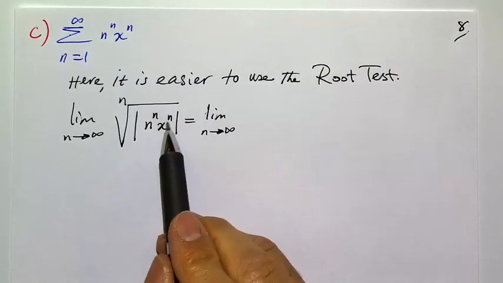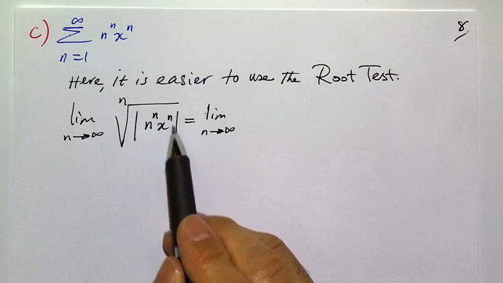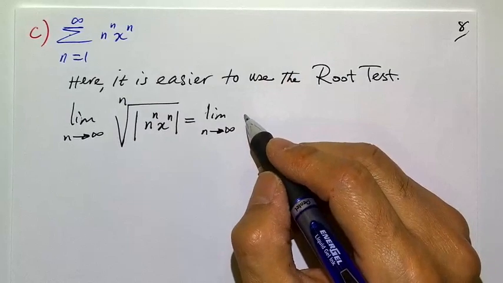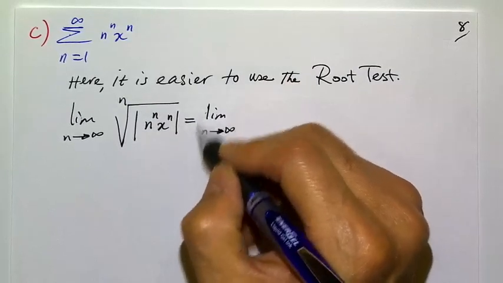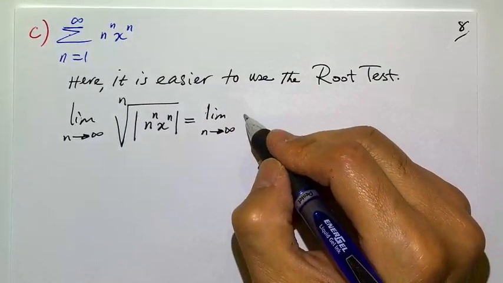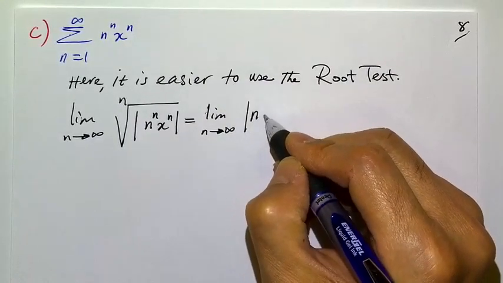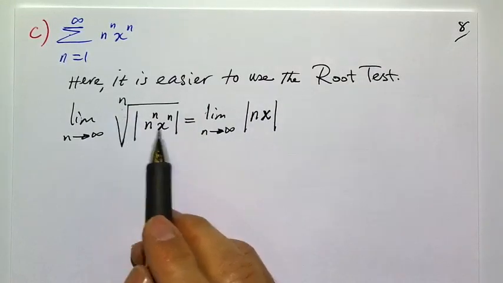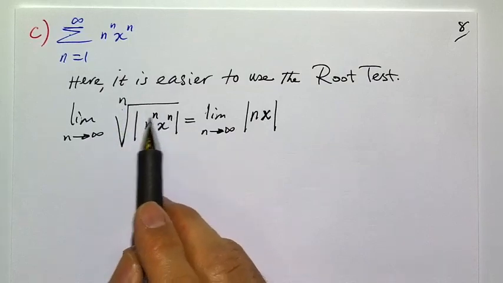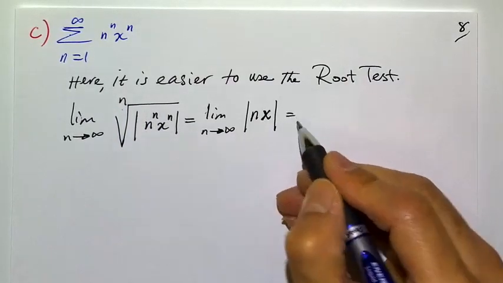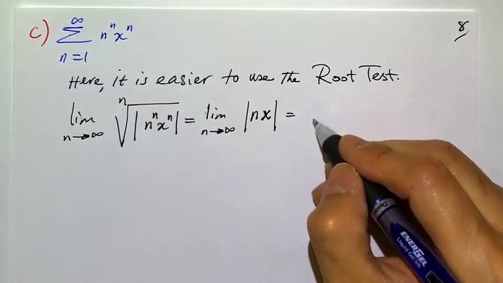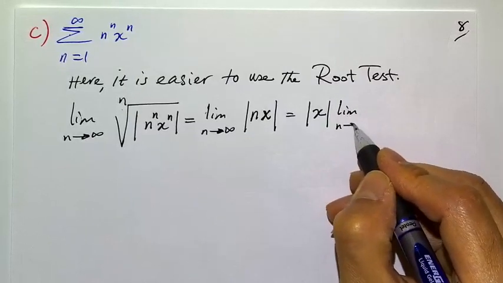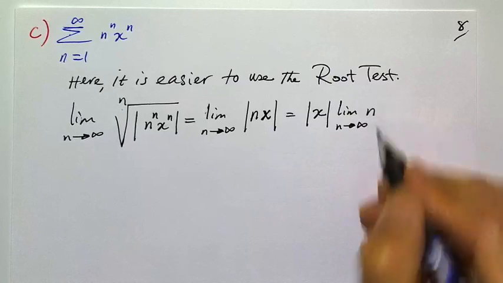Of course, we can put the n outside of a parenthesis, and then that would cancel with this n, so we end up with n times x. I should have put the absolute value of x out here, but it's okay, I'll do it after this. The index of this radical expression and these powers cancel each other out. So we end up with the absolute value of x times the limit as n goes to infinity of n.